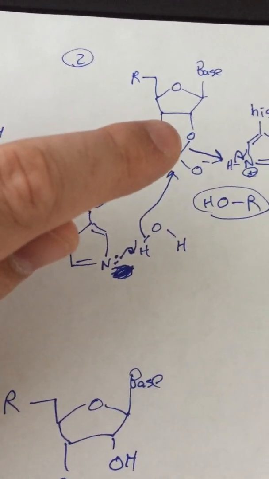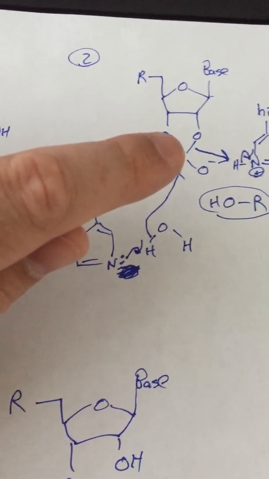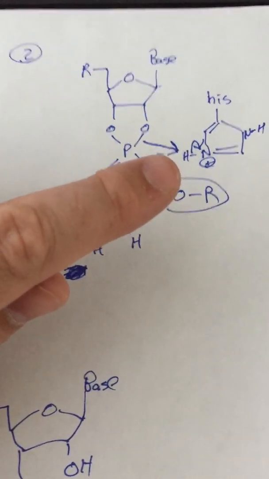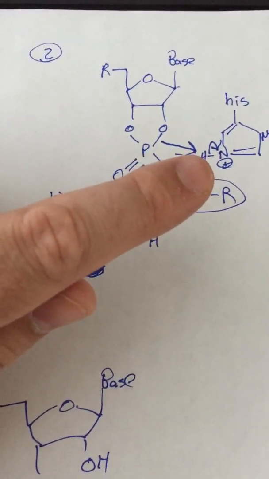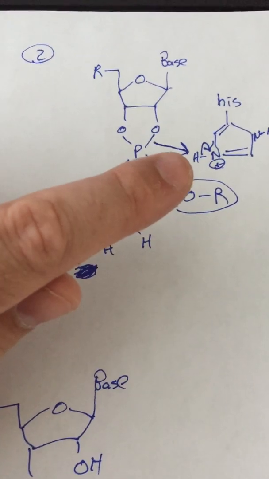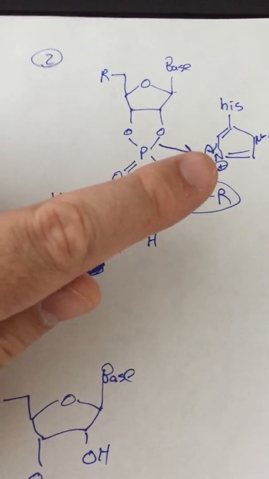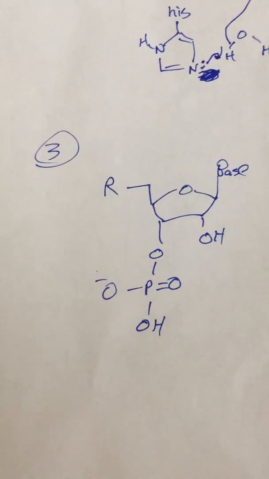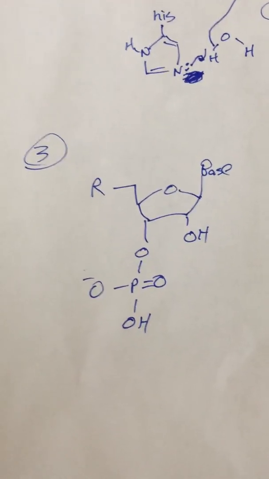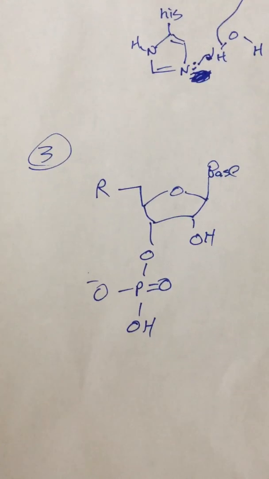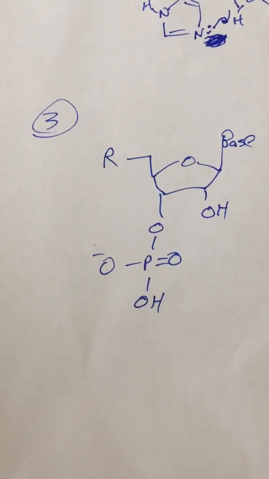So this alcohol oxygen here will pick up a proton, and the 2 electrons in the nitrogen-hydrogen bond here will go to live with the nitrogen on the histidine, giving us our second product, which is just the rest of our RNA with a 3' phosphate on it.